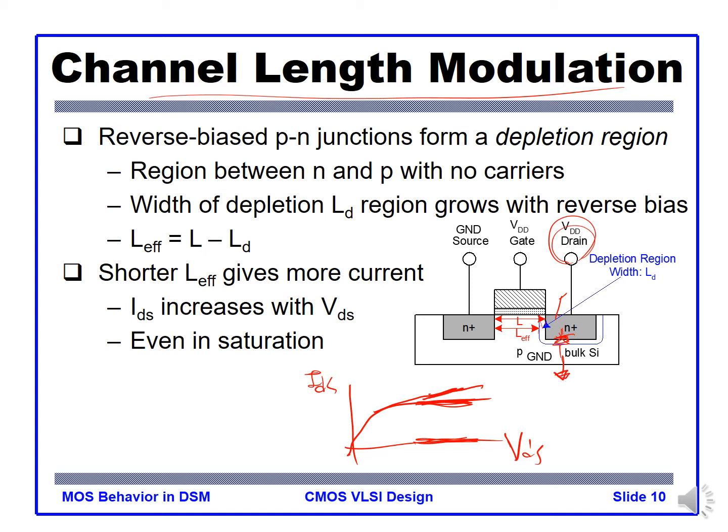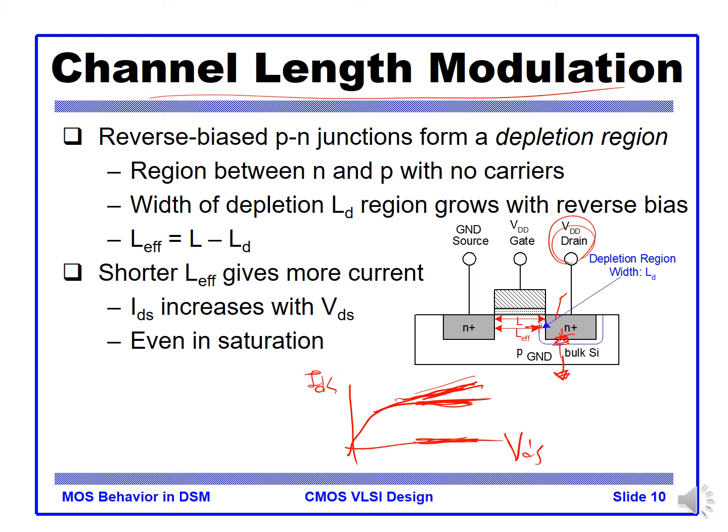So with a different VDS, this depletion region moves back and forth depending on the drain voltage. With a higher drain voltage, you get a larger depletion region, so the effective channel length will be shorter, meaning more current will flow.